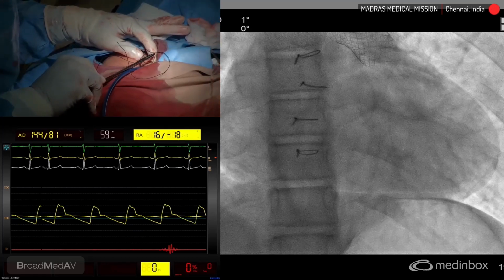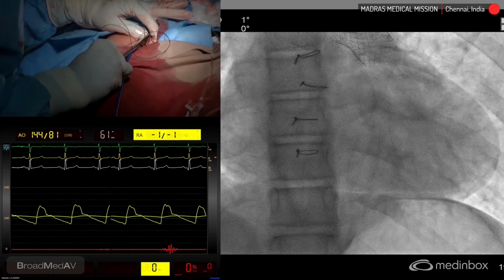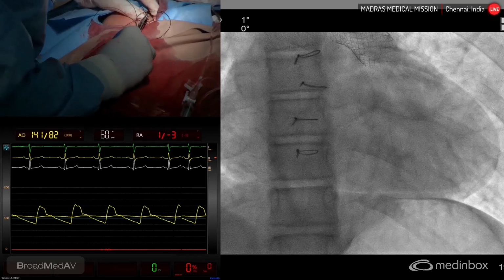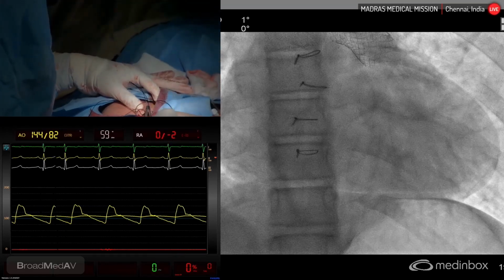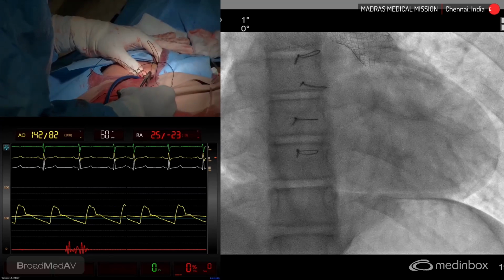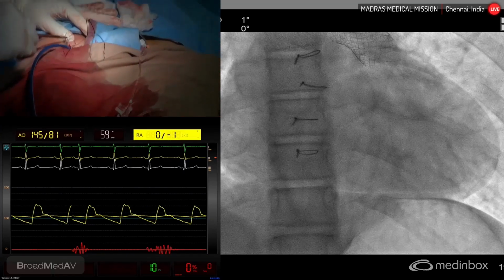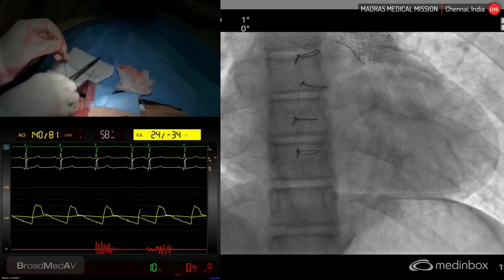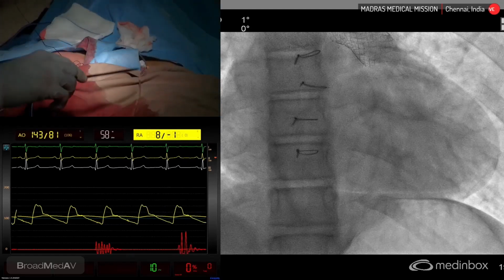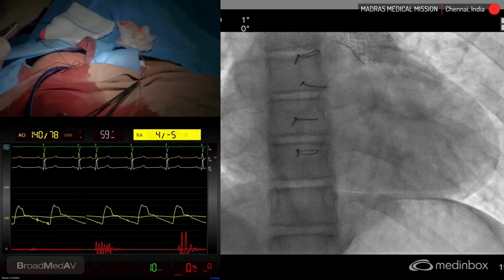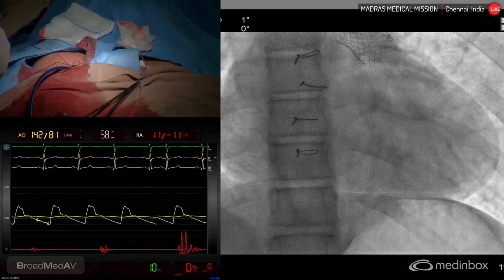We'll give aspirin at a dose of about 150 milligram once a day for the next about 1 year. And at the end of 1 year, we will repeat another CT pulmonary angiography and assess the anatomical results.